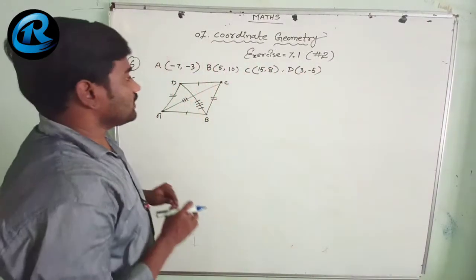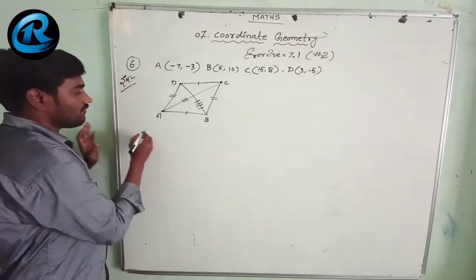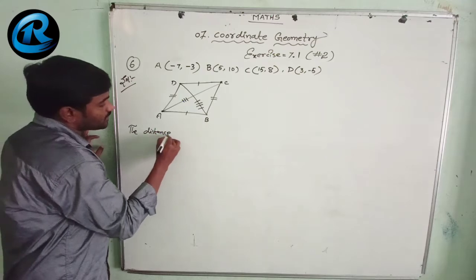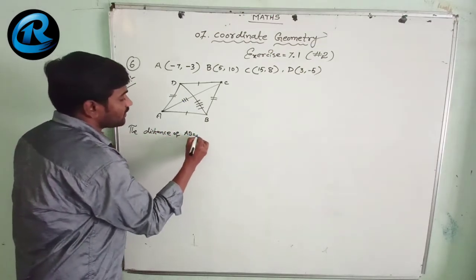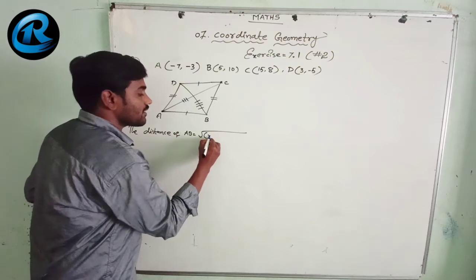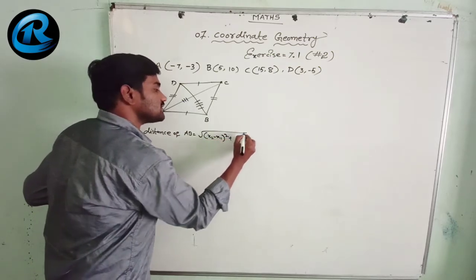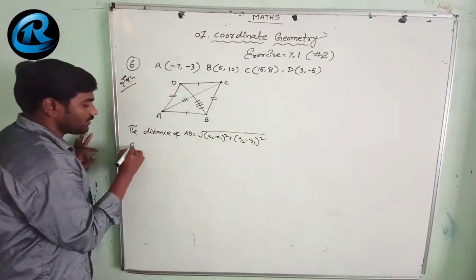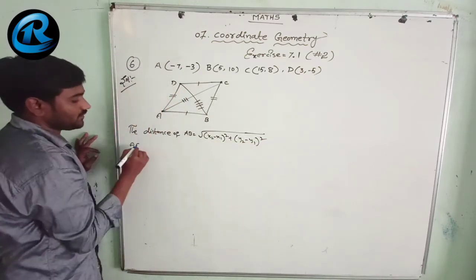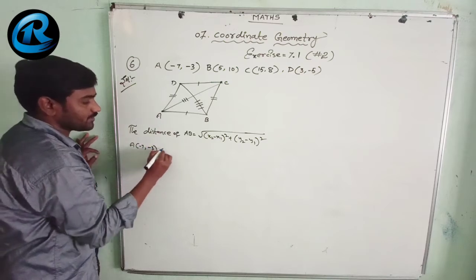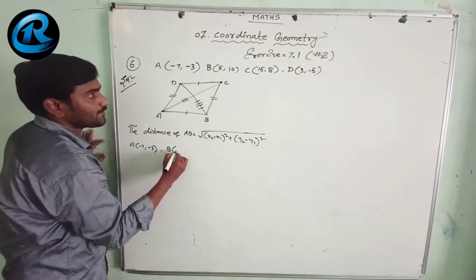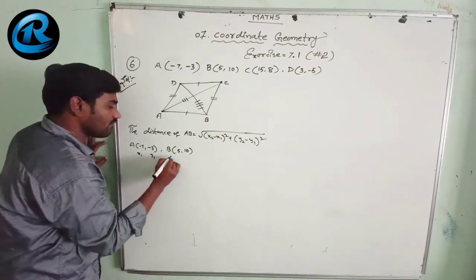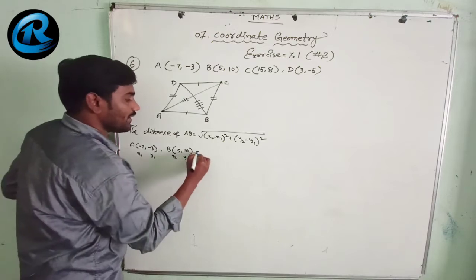So here is the distance formula. The distance AB equals the square root of (x2 minus x1) whole square plus (y2 minus y1) whole square, where A is the point (-7, -3) and B is the point (5, 10). Here x1, y1, x2, y2.